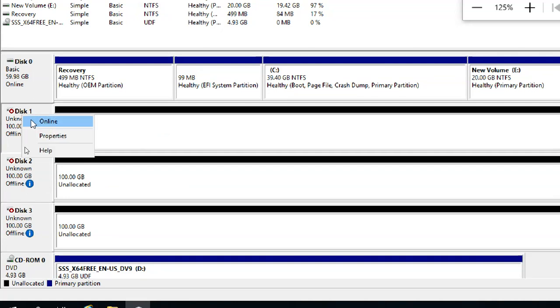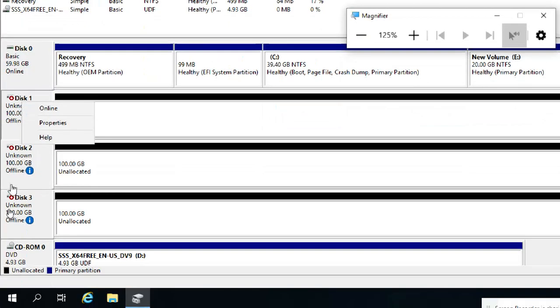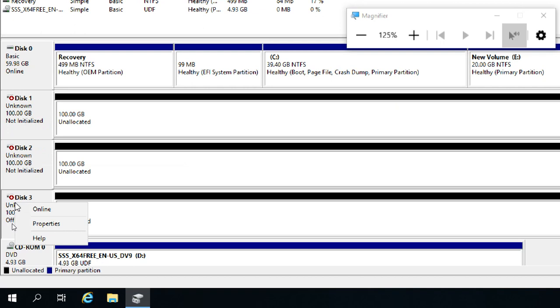So I'm going to make them online first, because it's the first time. I'm making all the disks online. I just connected them, right? So online, online, and online. Once a disk goes online, the offline symbol is gone.